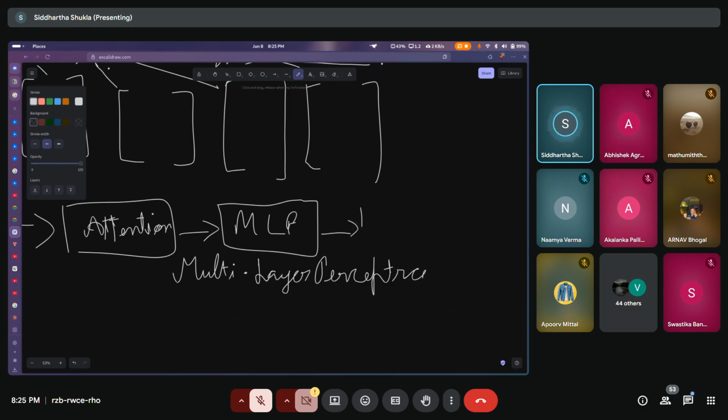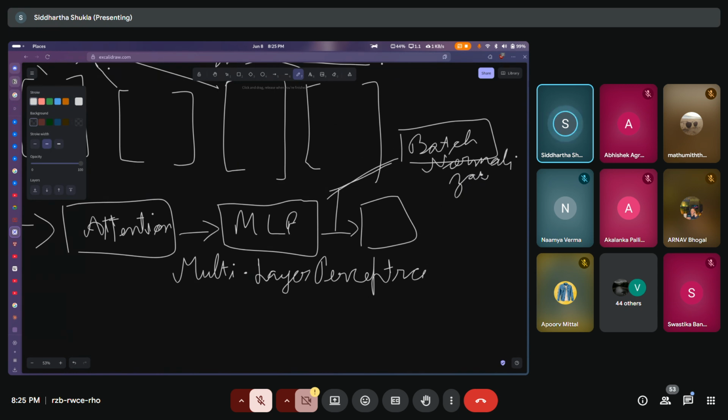And then there's a batch normalization layer in between, but I'm not going to talk about it for now because it's really not worth getting into right now. So batch normalization after every layer of attention and MLP.